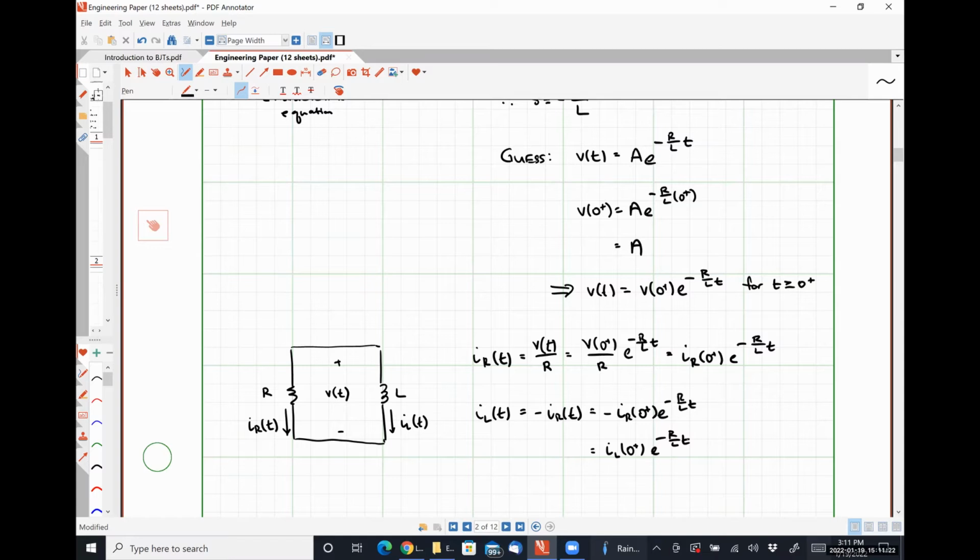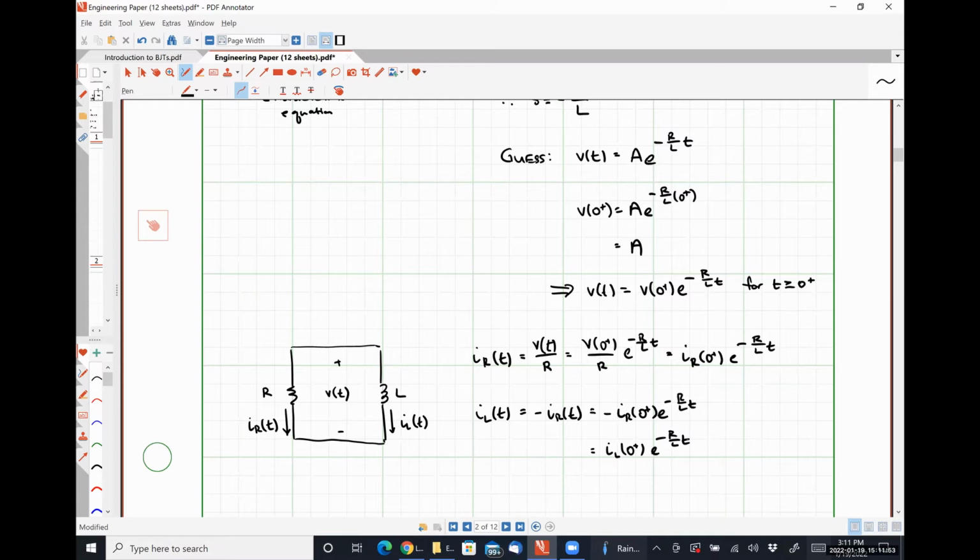All of our signals, all of our voltages, and all of our currents in one of these transient analysis problems will have this form, because Kirchhoff's voltage law and Kirchhoff's current law force that to happen. If one quantity behaves that way, like what we derived for the voltage, all of the other quantities have to have that exact same wave shape in order to satisfy KVL and KCL.